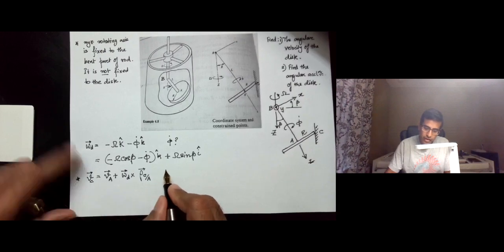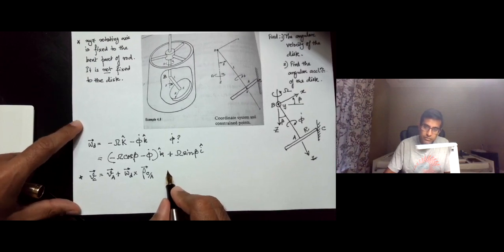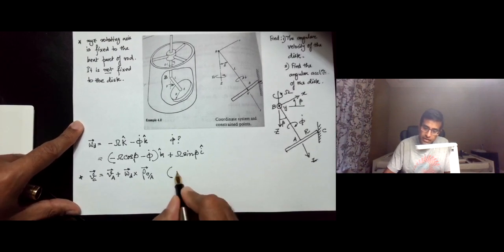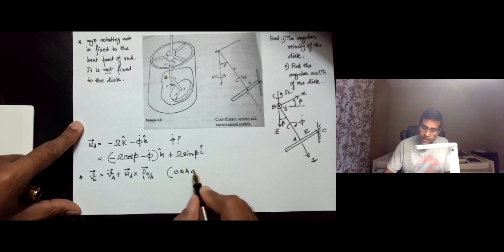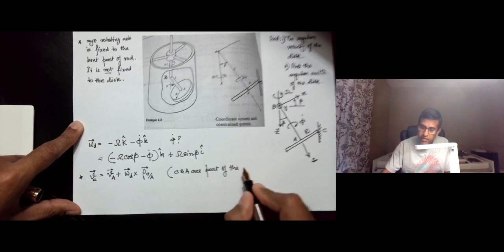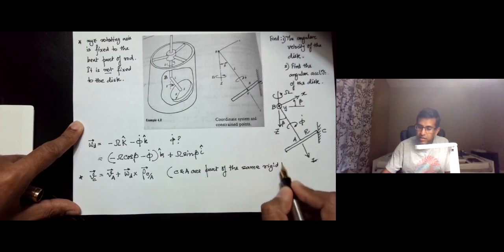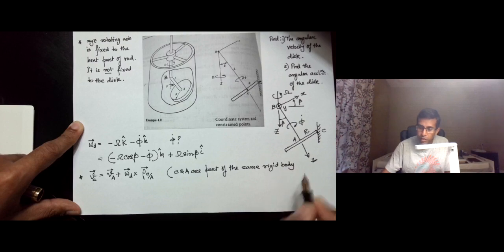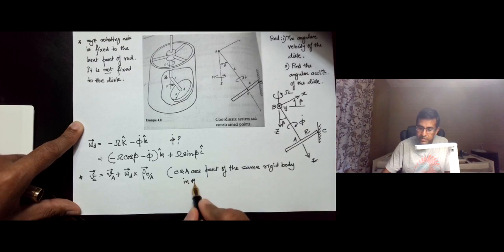So we'll make a note that C and A are part of the same rigid body, and in this case, the disk.